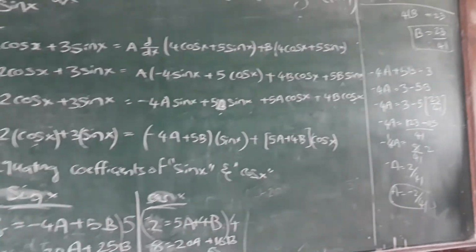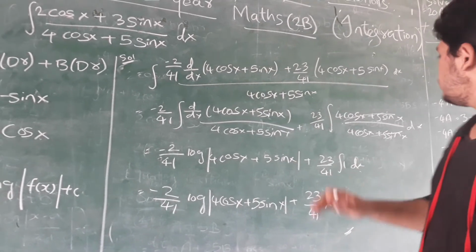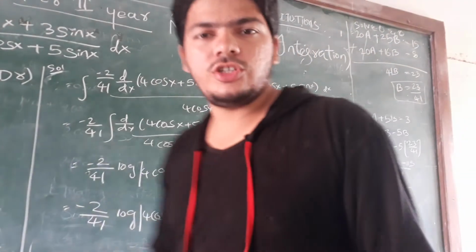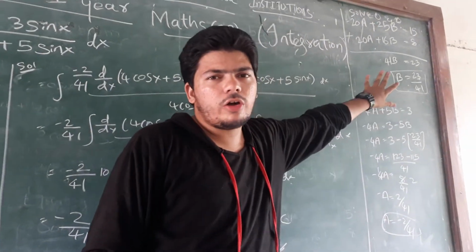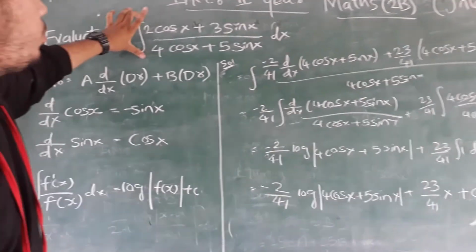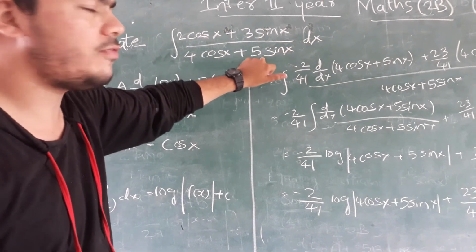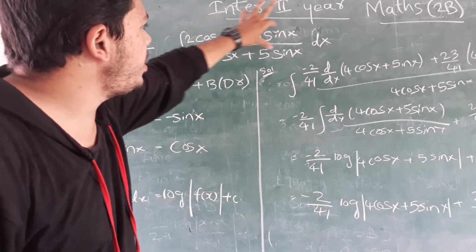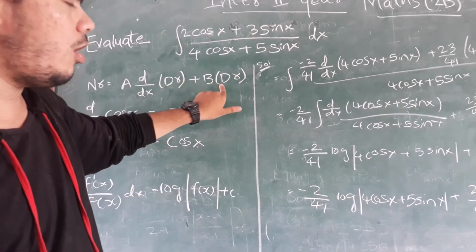Now we write these in the formula. Up till here we have finished, having got the values of a and b. Now putting these values into the answer: the question is (2 cos x plus 3 sin x) over (4 cos x plus 5 sin x). In place of the numerator we take a d by dx of the denominator plus b of the denominator.